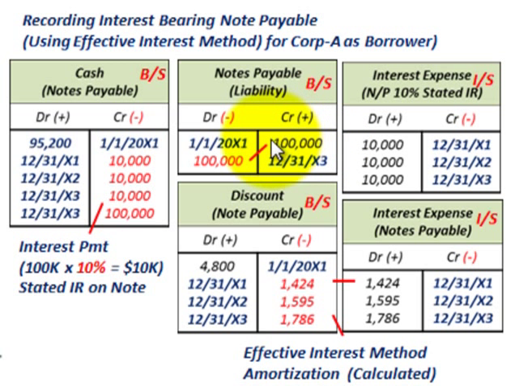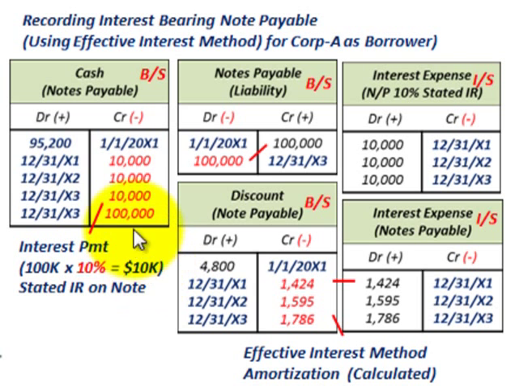So what we would do each period is I've split up this interest expense. Now what we have is that cash payment of $10,000 each period at 12/31 X1 through X3, and that was simply the $100,000 face amount times the 10% stated rate of interest on the note.